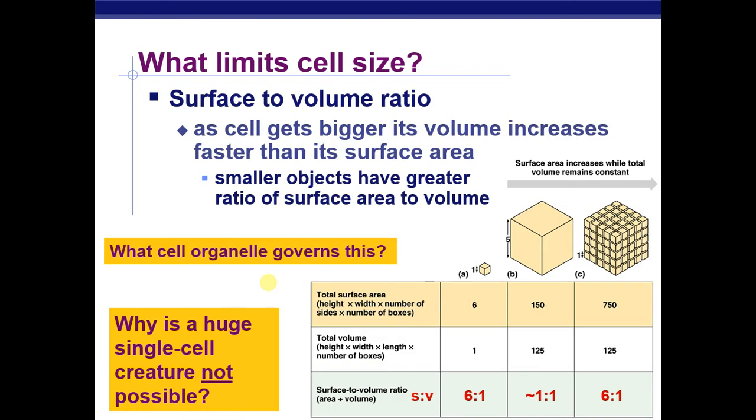And the idea is that there's something that limits cell size, and that is what is called the surface area to volume ratio. And that's the idea that as cells get bigger, the volume inside of the cell increases faster than the surface area of the cell. So a smaller object has a greater surface area to volume ratio.